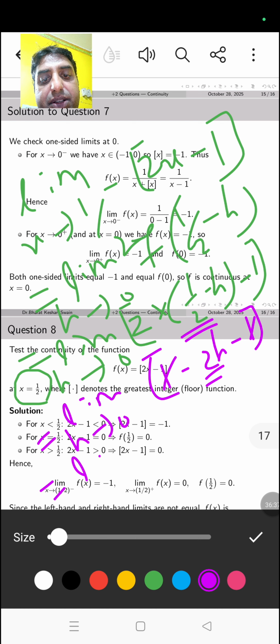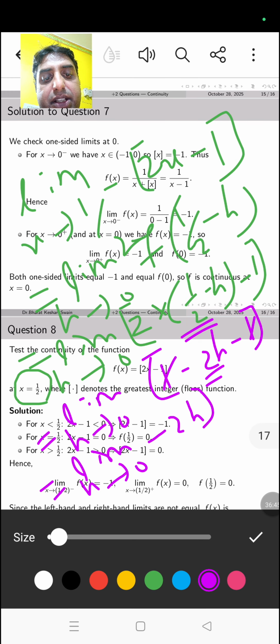So limit h tends to 0 of the greatest integer of minus 2h. Here h tends to 0, it's a positive number, so minus 2 into something.